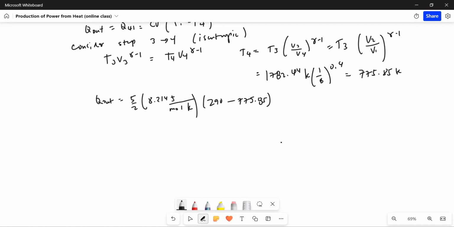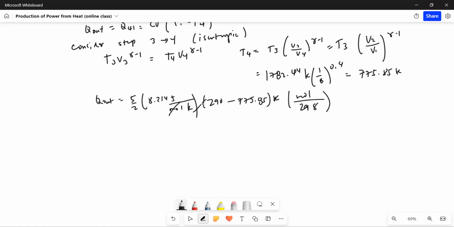Okay. And then multiply by the molar mass of air. 1 mole is 29 grams. 29 grams. So, ano yung magka-cancel? Cancel, cancel.